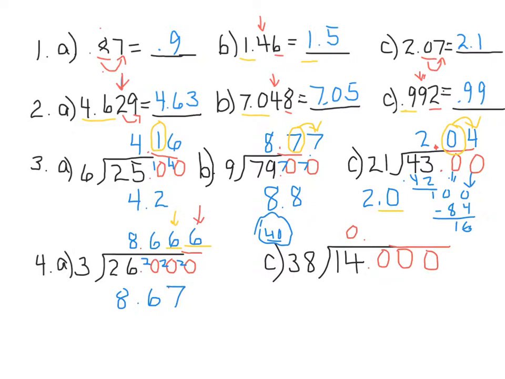That's going to be 3. So 3 times 8 is 24. 3 times 3 is 9, 10, 11. 6. 3 minus 1 is 2. And now I'm going to bring down my 0.